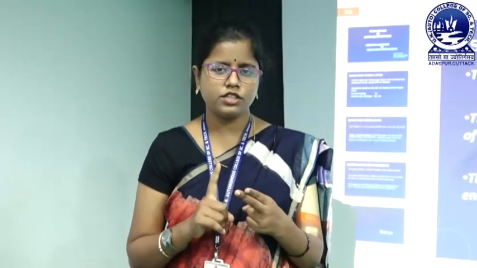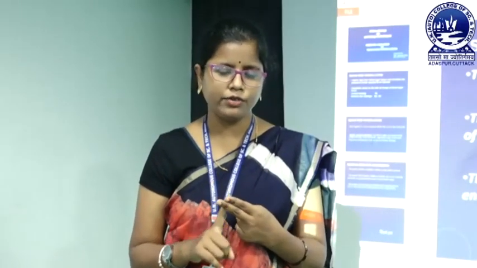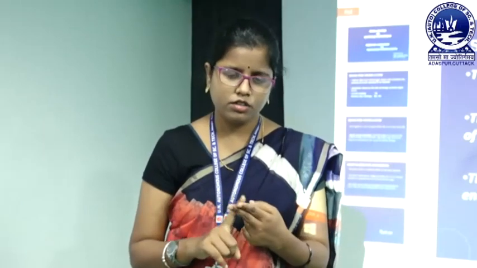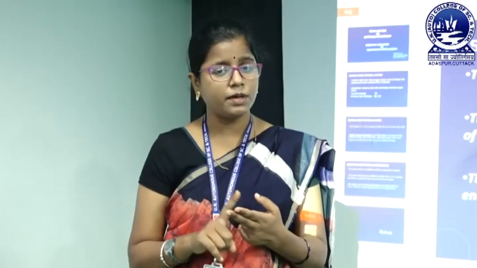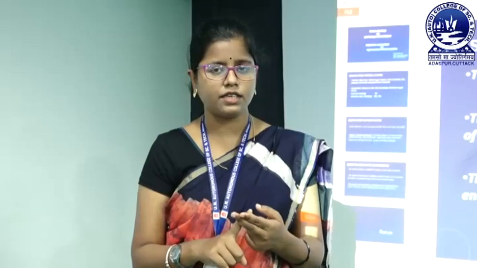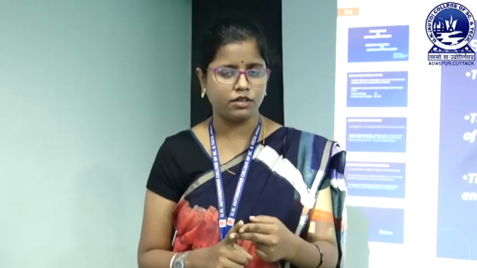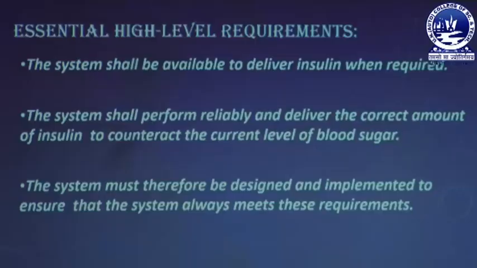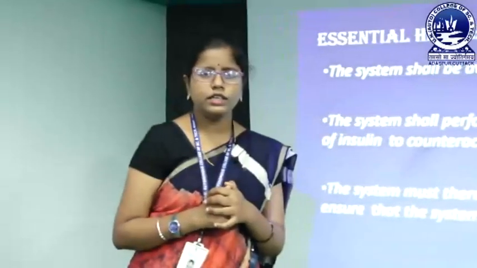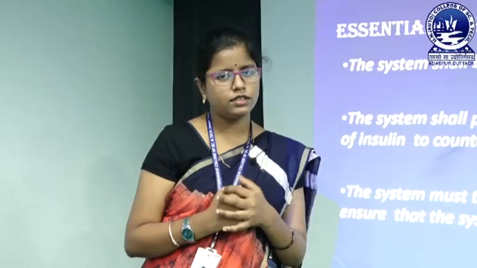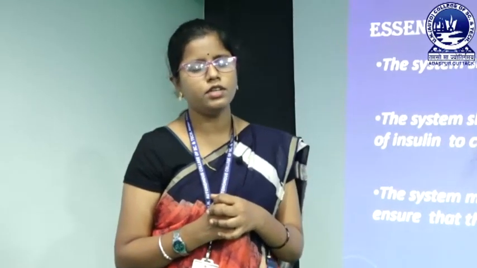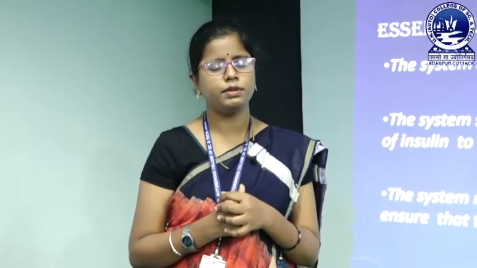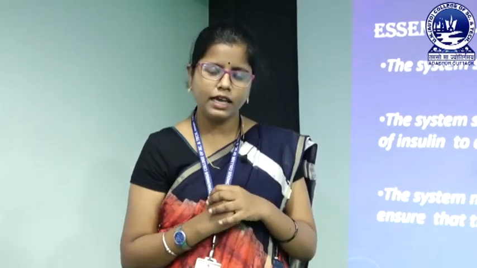First one is the system should be available 24/7. That is why there is an alarm. If something goes wrong with that system, the alarm will alert the patient. Okay? And the second thing is the system should be reliable. That means under dependability there is a second attribute that is reliability. So, when we call a software dependable, the software should be reliable.